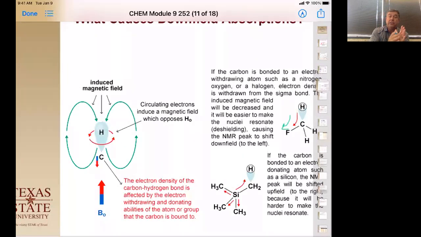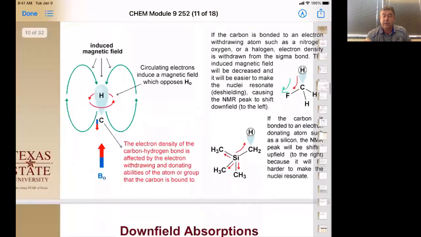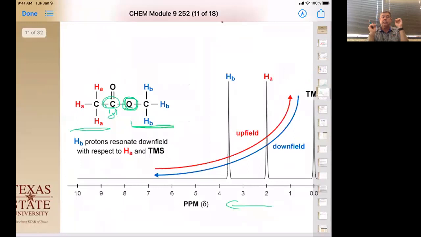If you can't shield because you don't have enough electron density in that area, or you're pulling electron density away, you become deshielded. You have fewer electrons to repel that magnetic field, and therefore you get shifted downfield. So anything that pulls electron density away from your hydrogen is going to shift you downfield, or to higher ppm. Upfield is closer to 0, downfield is further away from 0.